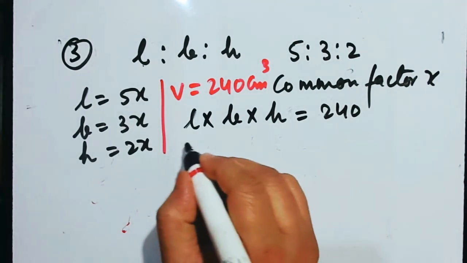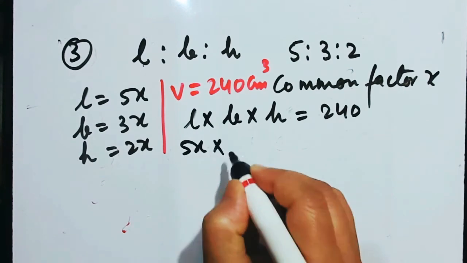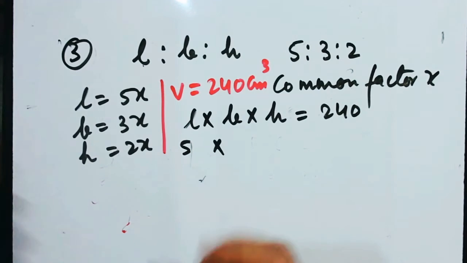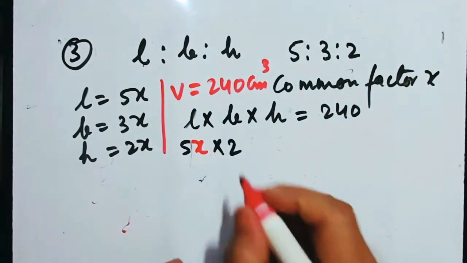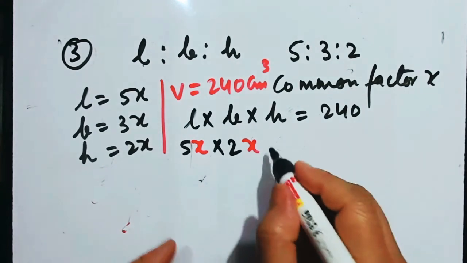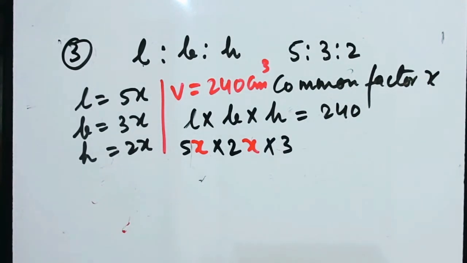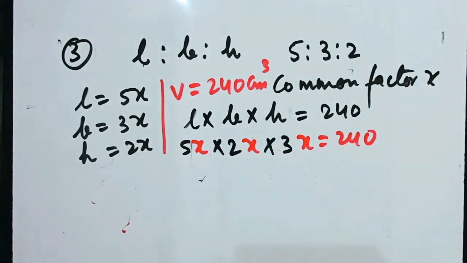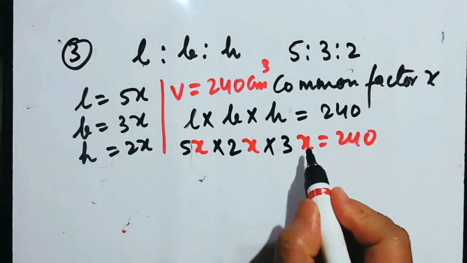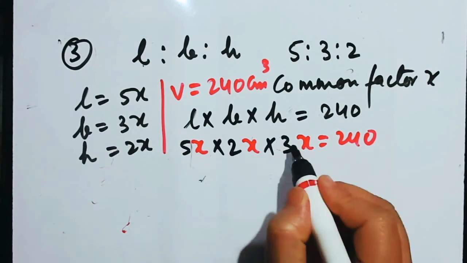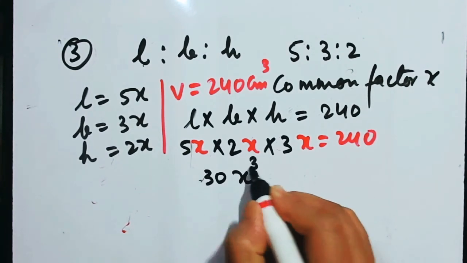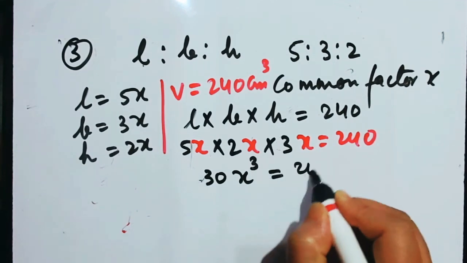Now 5x into, let me write it properly so that you people can understand, 5x into 2x into 3x will be equal to 240. So my dear, here you will get 5 2 times 10, 3s are 30. 30x cube is equal to 240.